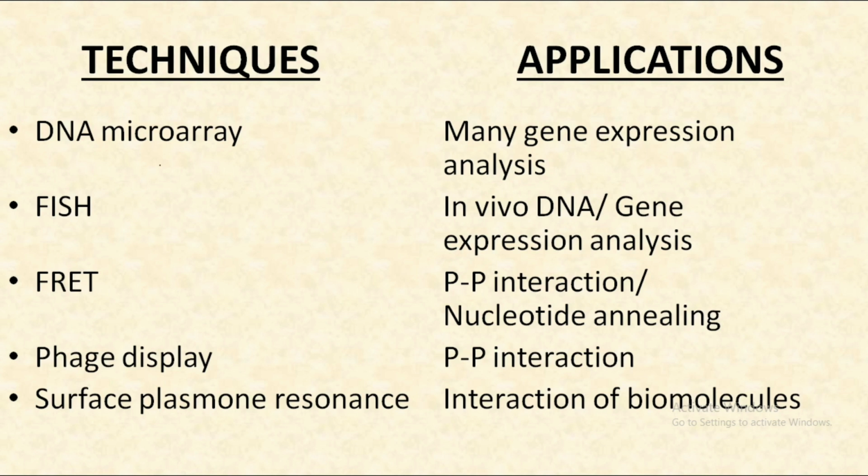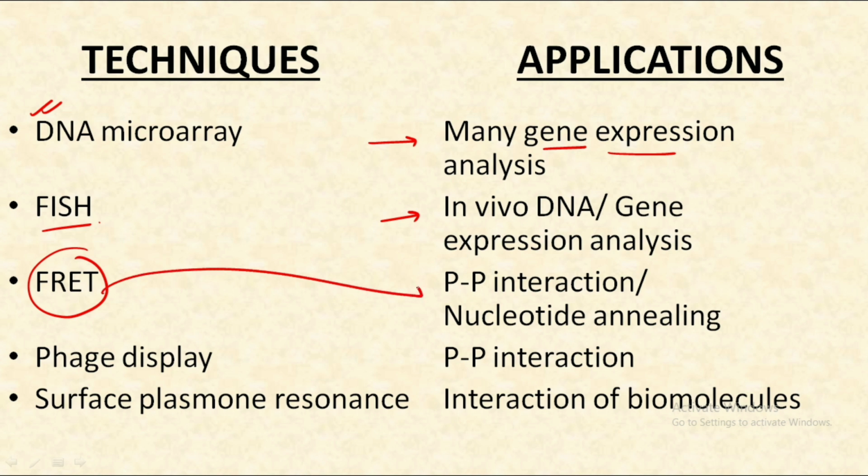The next technique mentioned in the unit is the DNA microarray, which is mainly used for the analysis of many gene expressions. Then we have FISH, which is mainly used for in vivo DNA and gene expression analysis. Then we have FRET, which is mainly used for protein-protein interaction and nucleotide annealing.